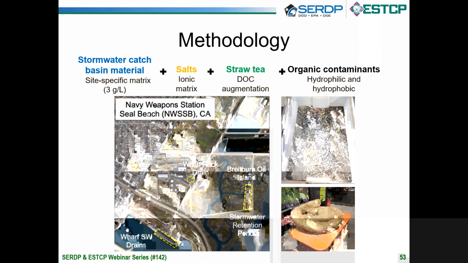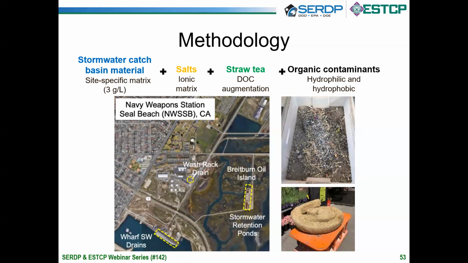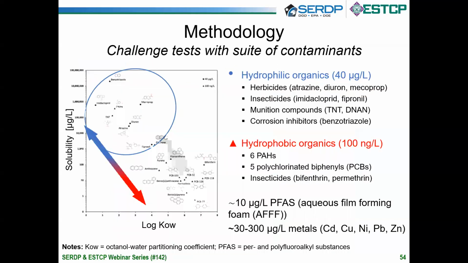Hydrophobic compounds tend to associate with particles, and they can be removed by settling or just a coarse sand filter. So in our work, we're looking at this suite of organic compounds: hydrophilic compounds comprising herbicides, insecticides, two munition compounds, and a corrosion inhibitor, and hydrophobic organics, some PAHs and PCBs, and some insecticides.